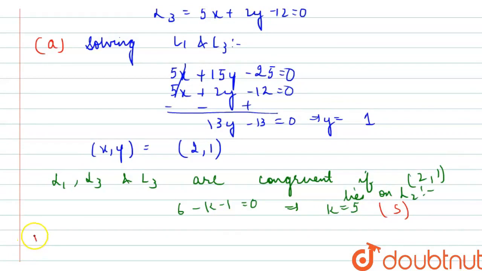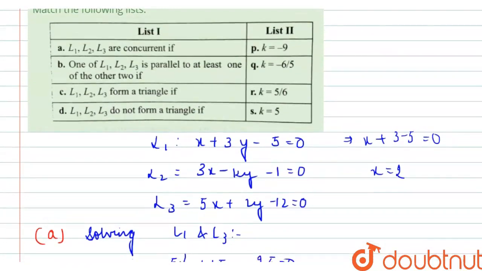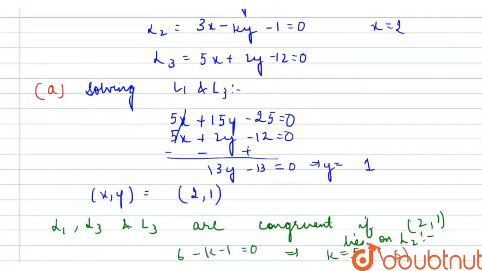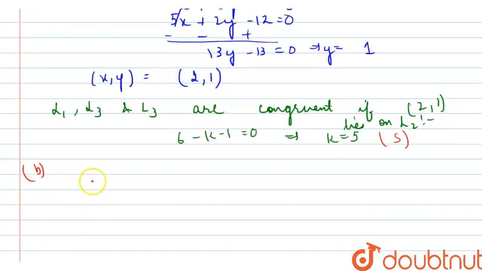Now let's have a look at the second part. In the second part we are asked: one of L1, L2 and L3 is parallel to at least one of the other two if. So it would be possible if either L1 is parallel to L2 or L3 is parallel to L2.